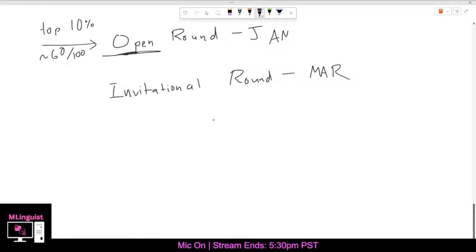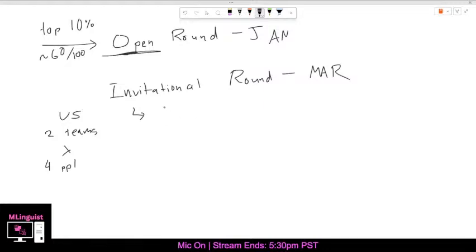In the invitational round, you take it in March, but there are only, at least if you're competing for the US, let's say you're competing for the US, right? The US is going to send 2 teams to the IOL. And those 2 teams will each have 4 people.